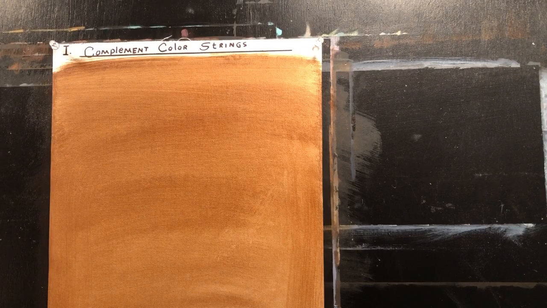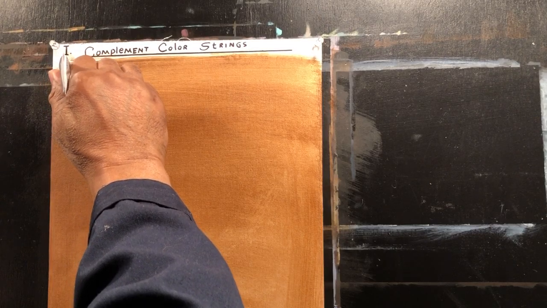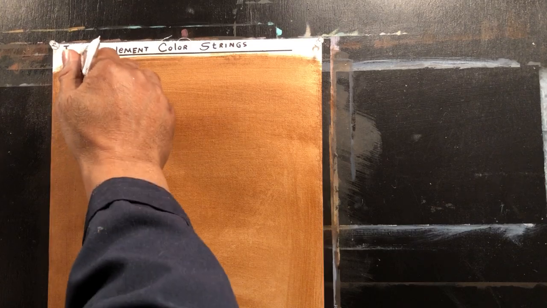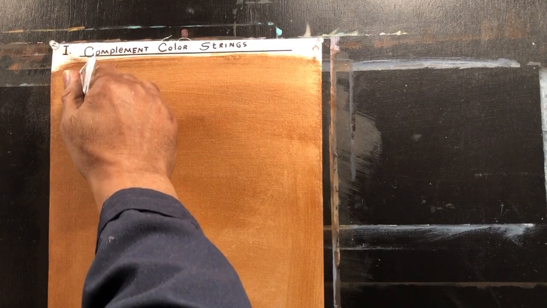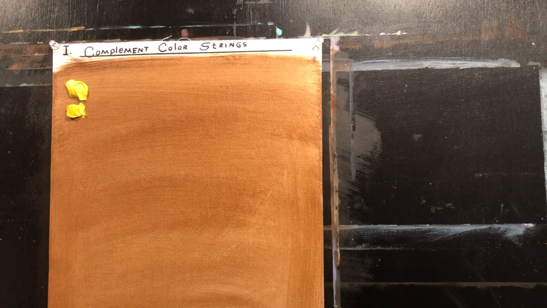This is our first primary, and it's the cool yellow. I'm going to put a nice little bit. Yep, I got it up too high. I'll break it down some.